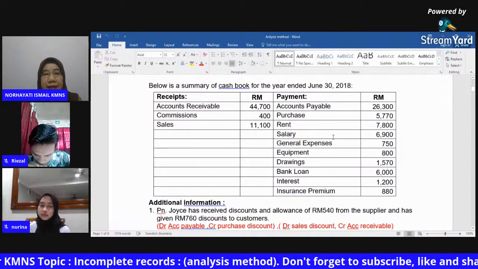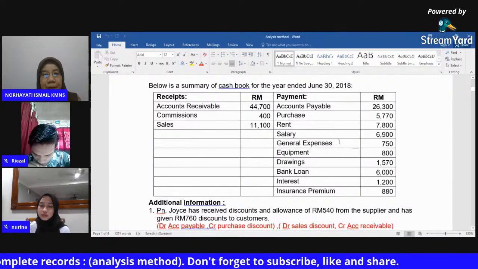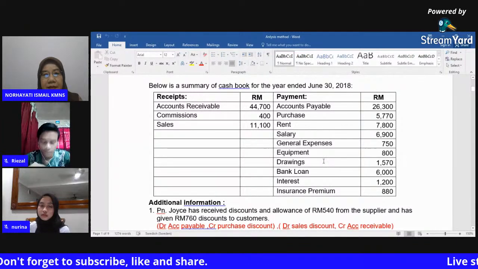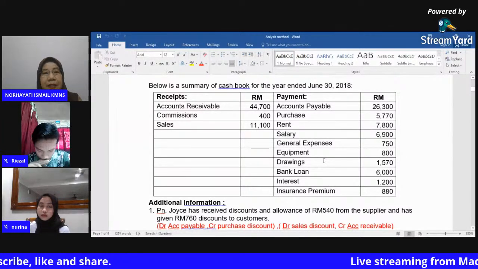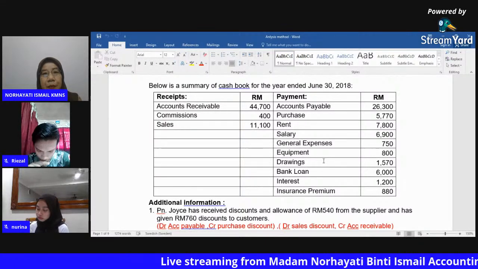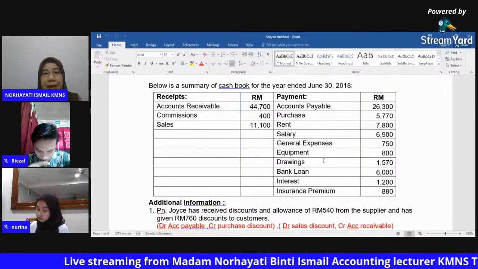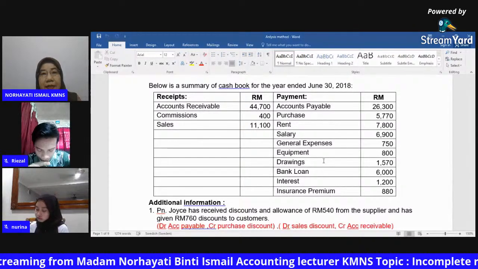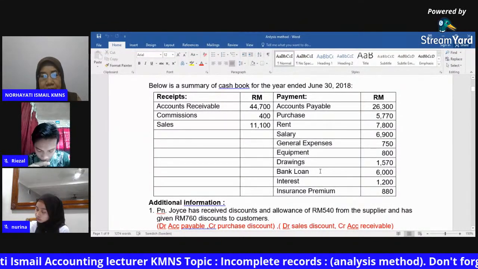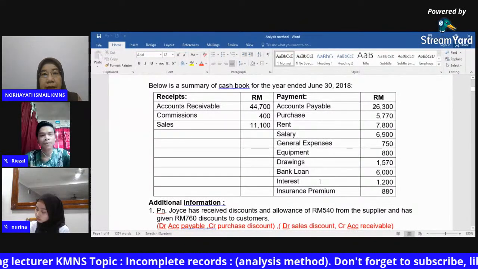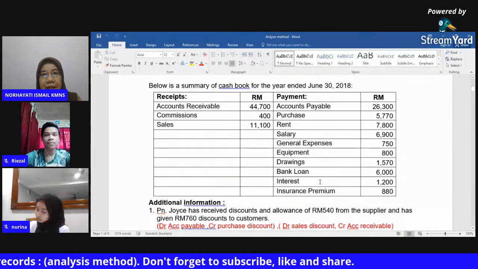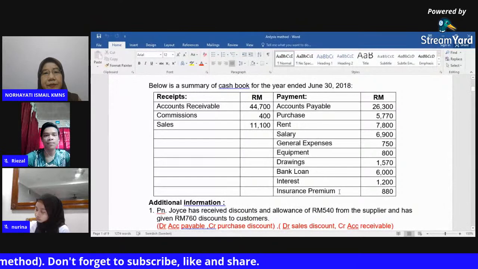The salary, general expenses, that one we have made a payment for expenses. Drawing. So the analysis is debit drawing, credit cash. The owner withdrew cash. Bank loan, debit bank loan, credit cash. We make a payment. And interest, we have to make a payment, debit interest, credit cash, and insurance premium.